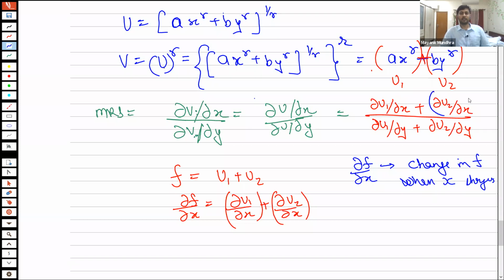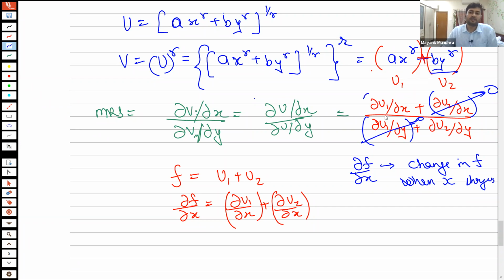So del u2 by del x is the change in this function as x changes. Now this function has no presence of x, so this does not change when x changes. So this is 0. Similarly, del u1 by del y: this function has no presence of y in it, so it does not change when y changes. So this thing becomes 0.